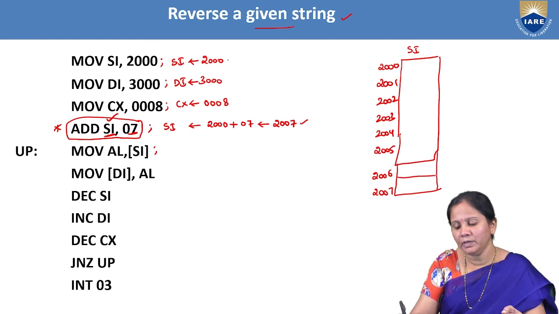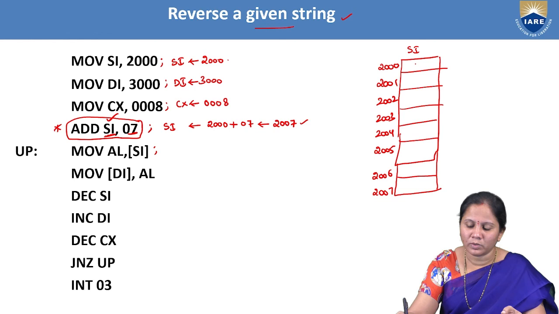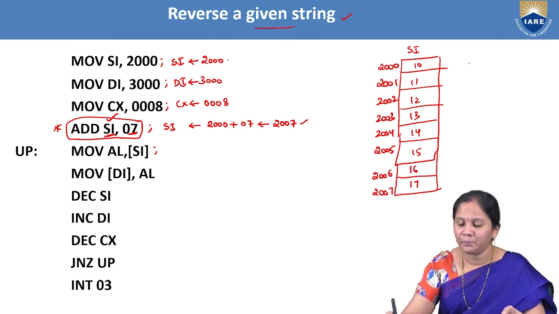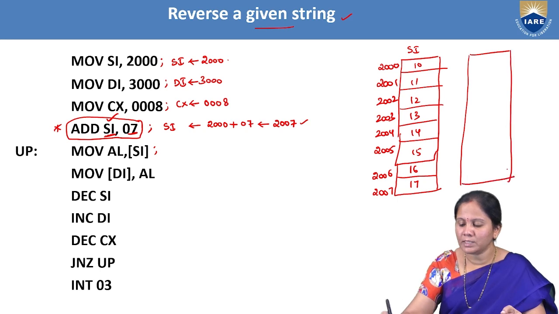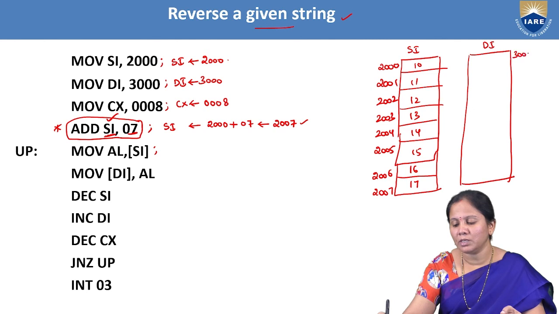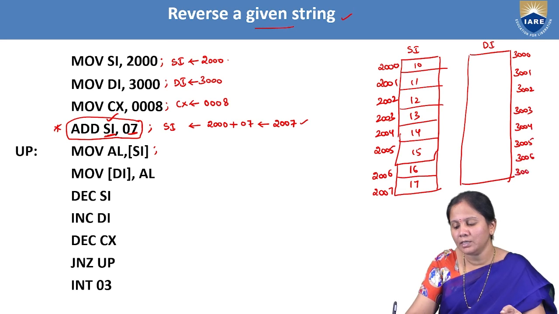This is the string we have considered: 10, 11, 12, 13, 14, 15, 16 and 17. And next DI, we can consider here DI with a value 3000. So this is 3000, 3001, 3002, 3003, 3004, 3005, 3006 and this is 3007.